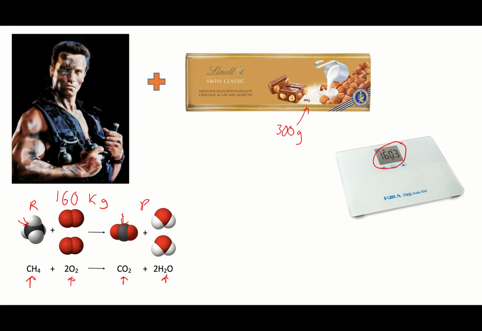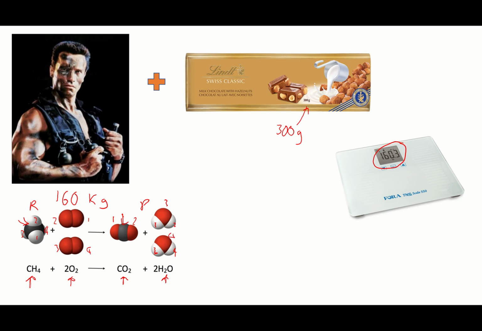If you look at the hydrogen atoms, there's 4 here, 1 2 3 4, and there's 1 2 3 4 here, which leaves behind oxygen. So we have 4 oxygen atoms here, 1 2 3 4. On the product side, 1 2 3 4.